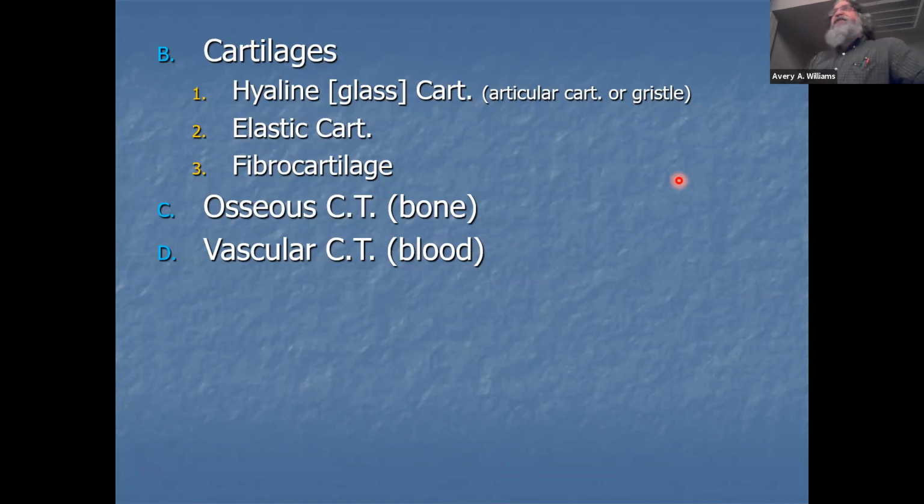Hematology, the study of blood. But in terms of connective tissue, we call it vascular connective tissue, where vascular just means flowing, because it has a liquid matrix and it can flow. It's not like these other ones that you could cut. You can cut cartilage, you can cut bone, you can cut the connective tissue propers and so forth, but we'll talk about all that.